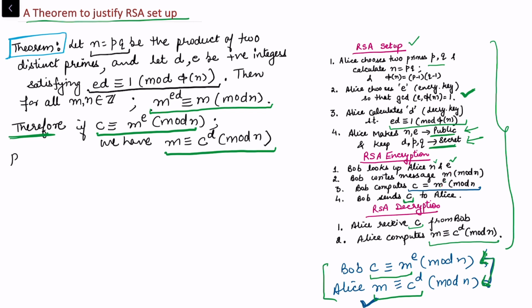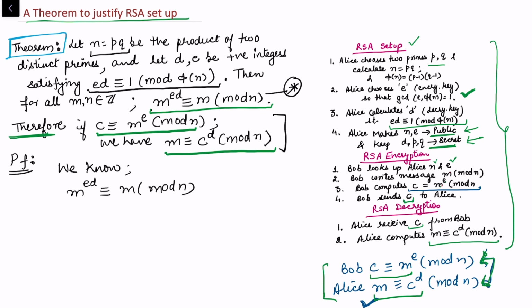Now let's look at the proof of this case. Let's first look at this one. If I know that the star congruence is satisfied, then this will hold. I'm just assuming at this stage that m to the power ed is congruent to m mod n. So here we are just assuming that this star holds.